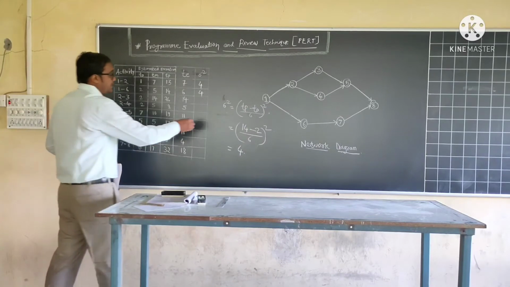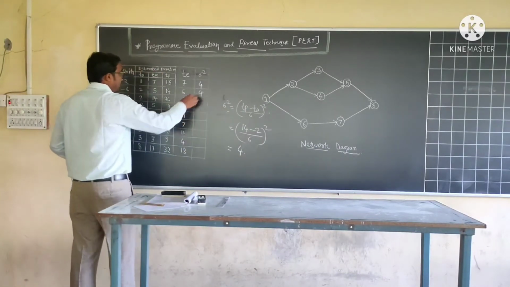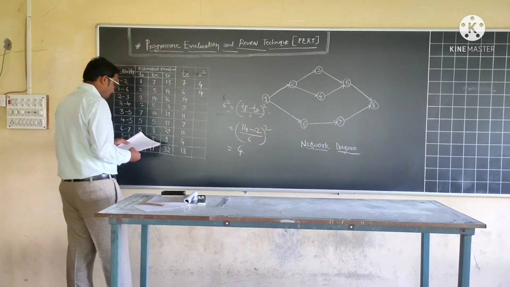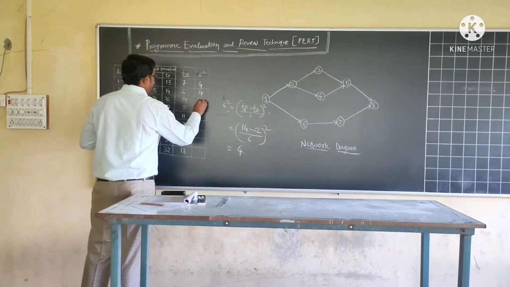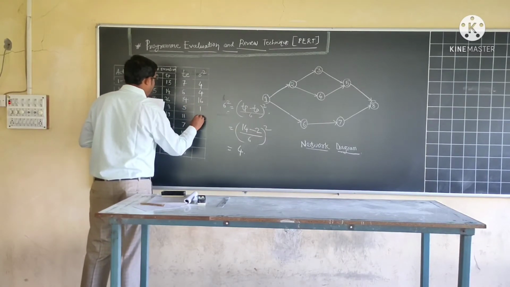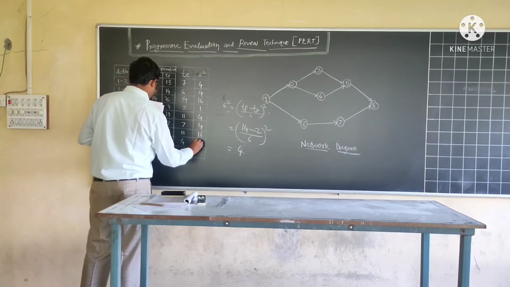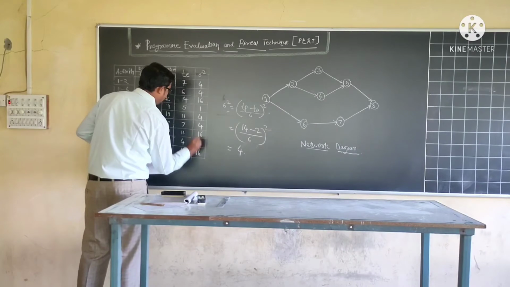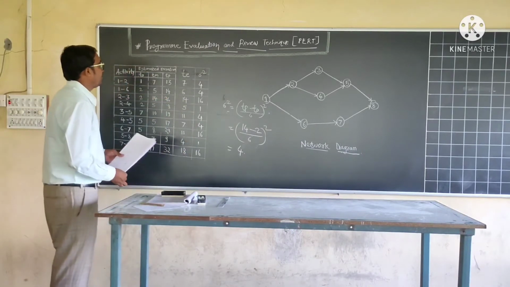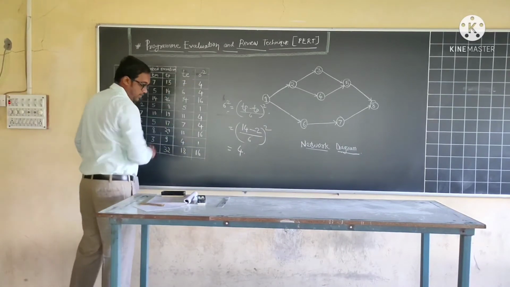Depending upon this formula and the data, the remaining values of sigma square are 16, 1, 4, 4, 16, 1 and 16. So all these are the values of TE and sigma square.